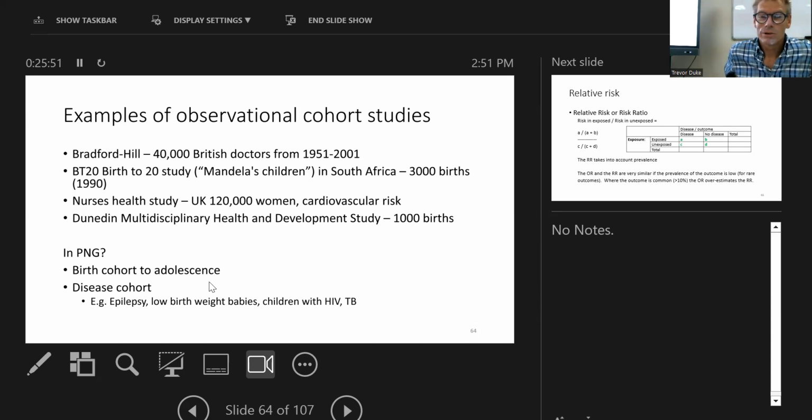The main reason, there's also, in a similar way, a nurses study as well. It's called the Nurses Health Study. That's still going. It's 120,000 nurses, mostly women, and it's identifying aspects of cardiovascular risk.